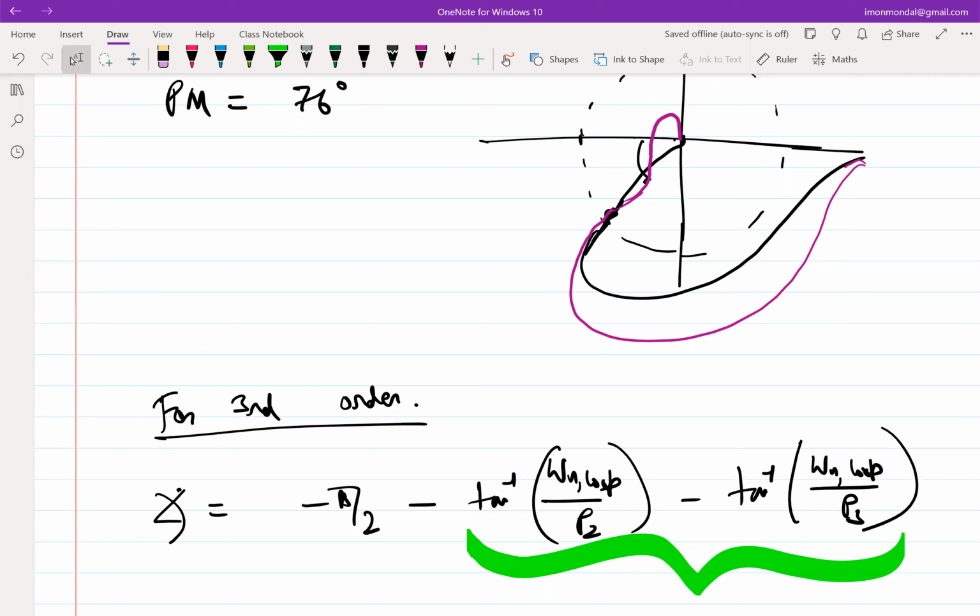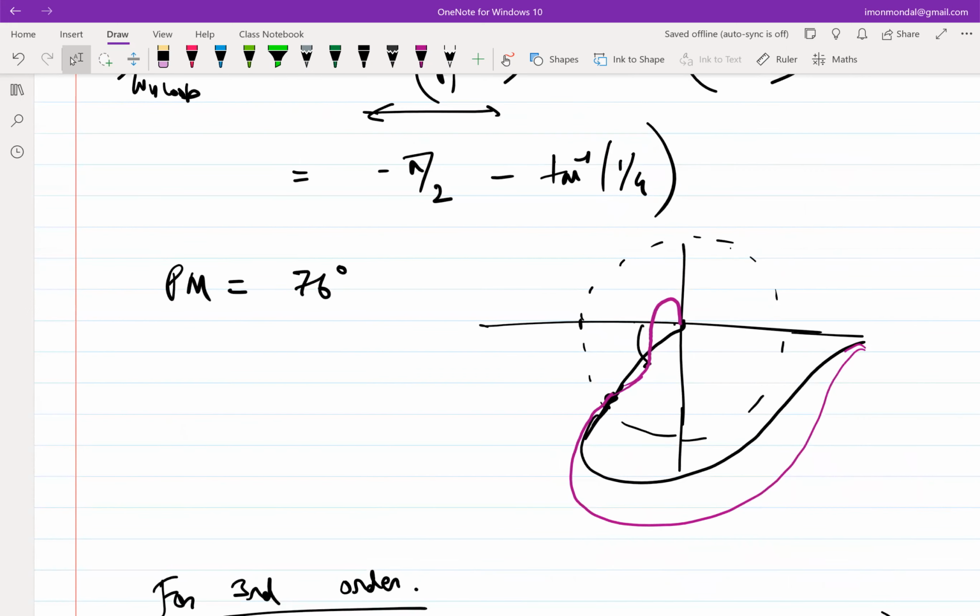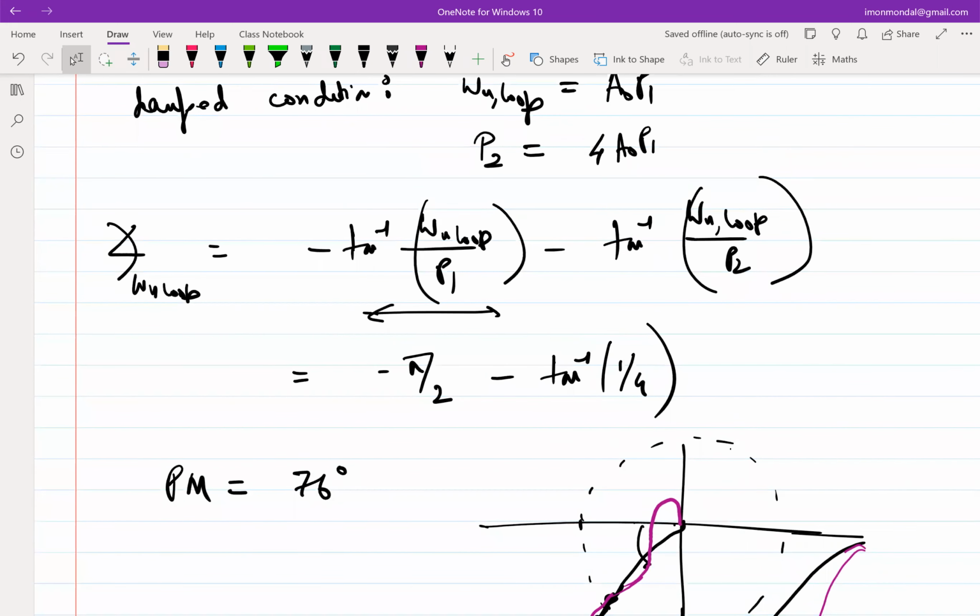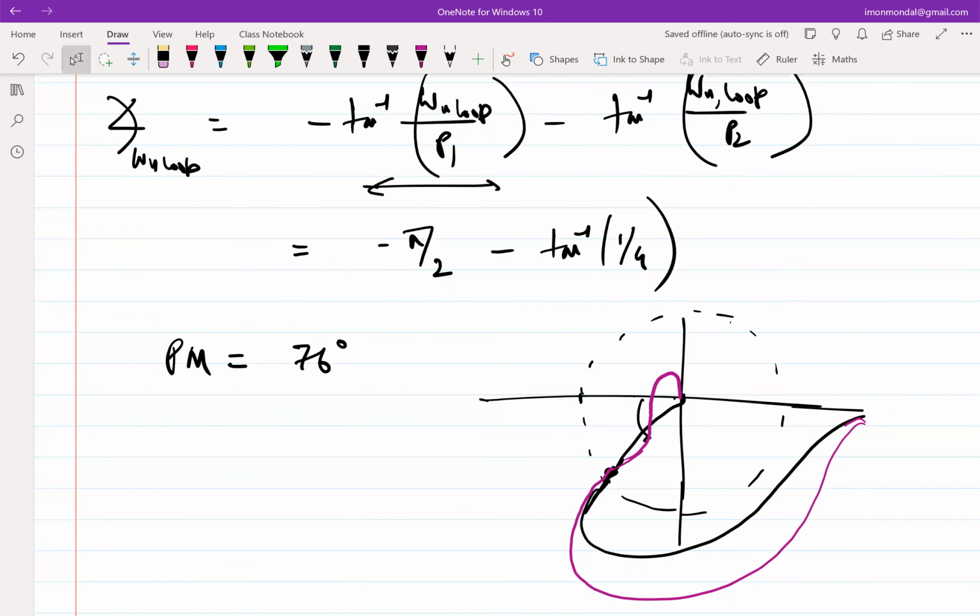Which means that individually, P2 and P3 have to be at a higher frequency with respect to the second order case, where my P2 is at 4 times omega u loop.